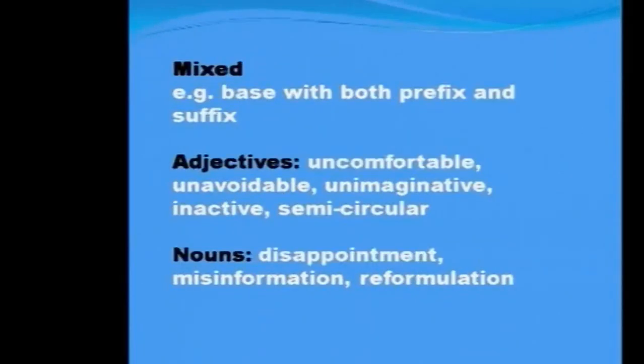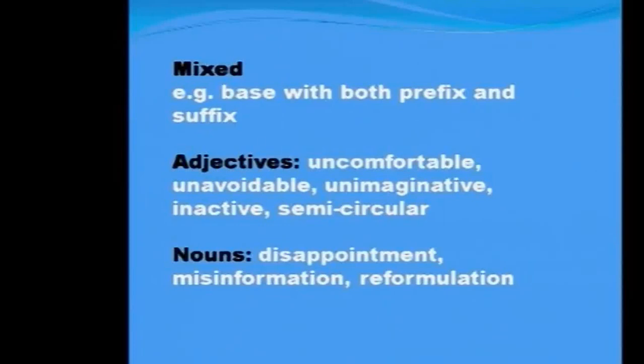Then you have sometimes words which have both a prefix and a suffix, like uncomfortable. The root word here is comfort. You have a prefix un and able, which is a suffix. Unavoidable, unimaginative. Imagine becomes unimaginative.